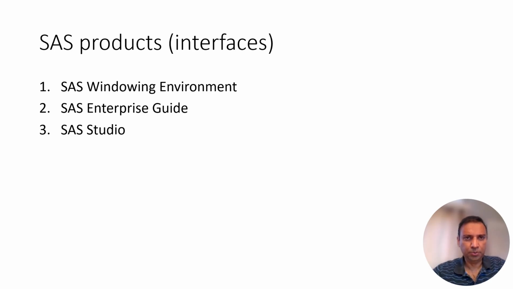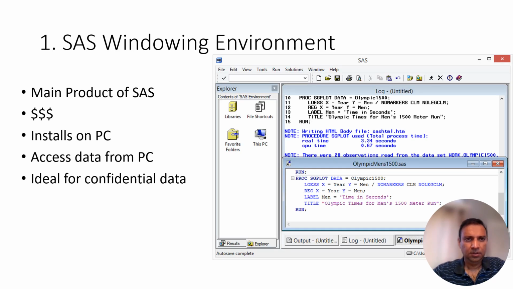SAS has several programming interfaces that can be used to interactively write and submit code. Number one is the SAS windowing environment. It is the SAS main product. First off, it is extremely expensive, something like $2,000 per year per user license.